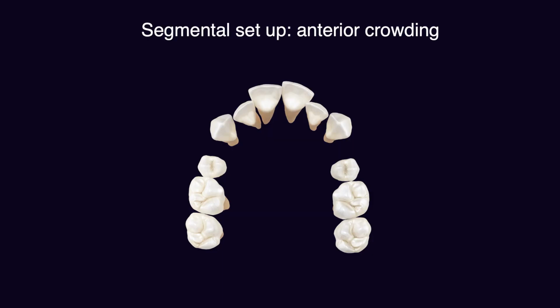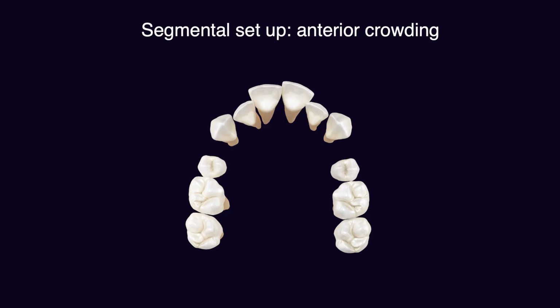If you do full setup, you actually can jeopardize the prognosis of the centrals. You can increase the possibility of root resorption, and in addition, it compromises the aesthetic of the patient. You can decrease the time that the patient has braces on the front teeth by having segmental mechanics and does not expose these teeth to any unnecessary forces.